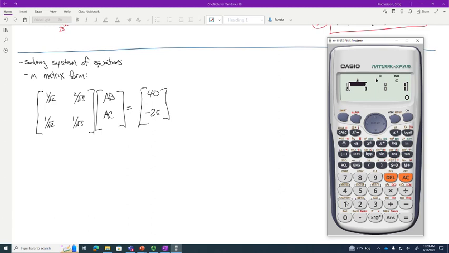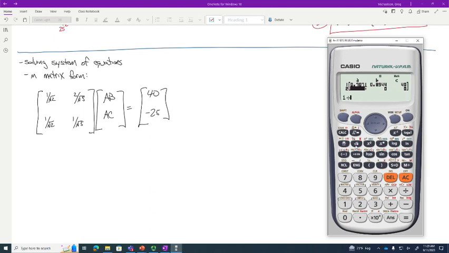So what do we have? We have 1 divided by the square root of 2, enter. 2 divided by the square root of 5, enter. 40, enter, or press the equals mark.